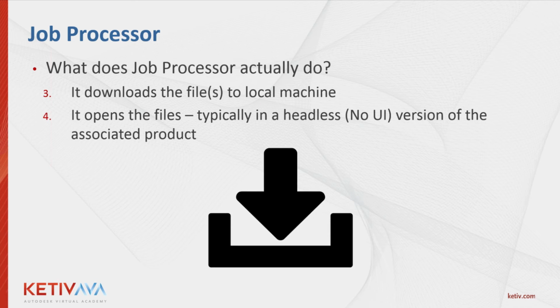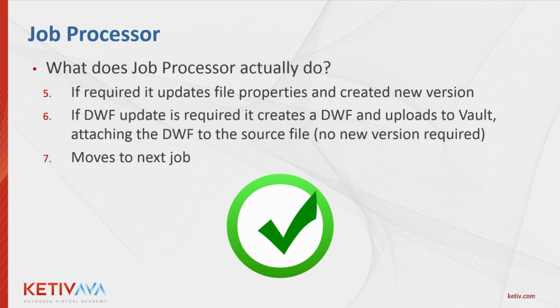It'll then download the file to the local machine. It'll open up the file. Usually it does this without requiring the application to be opened, so we'll use some headless version of the product to carry out the tasks. If it requires the file properties to be updated, it'll do this. It'll update the properties and it'll create a new version of the file.